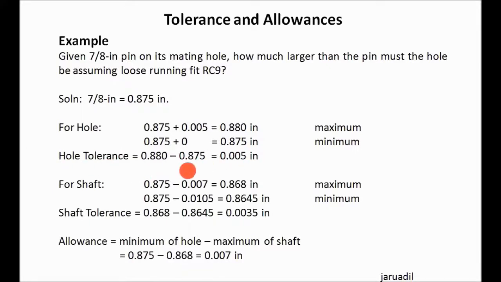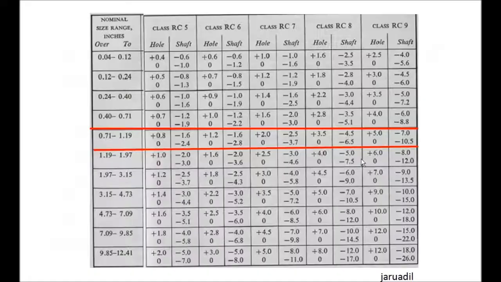Yun ang hole tolerance. For shaft naman, makikita naman natin dito yung negative 0.007 and negative 0.0105. Kung titingnan natin dun sa graph, nandito siya, RC9 and 0.875 nandito. So, nandito is negative 7. Sabi ko nga, i-divide mo sa 1,000. That is negative 0.007. You move the decimal place 3 to the left.